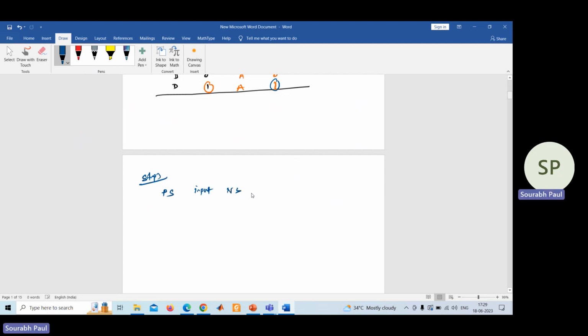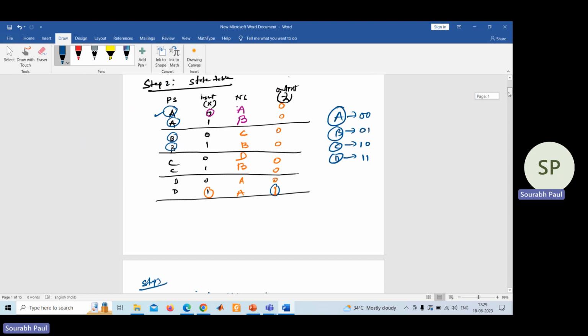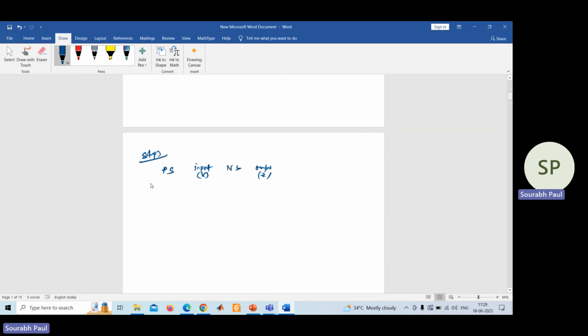The next state. Then few things I'll write later on, and here output. Output is Z. Input is X. Now, as each of the states is represented by 2 bits, in the present state we can write 2 bits, Q1, Q0. Input is X. Next state also we can write Q1+, Q0+, and Z I already wrote.